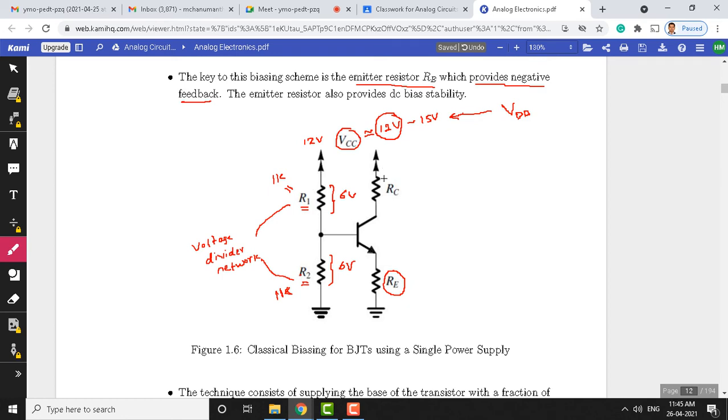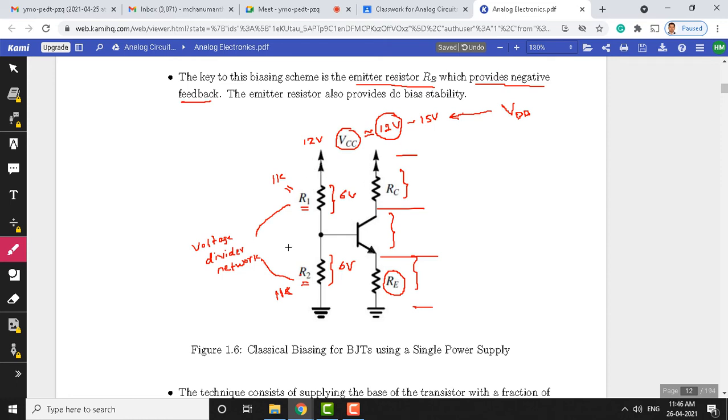And look here again, there is a drop here, there is a drop across collector and emitter, and there is a drop here. There are 3 different divisions here. Some voltage gets dropped here, some across the collector and emitter of the transistor, and some across this.